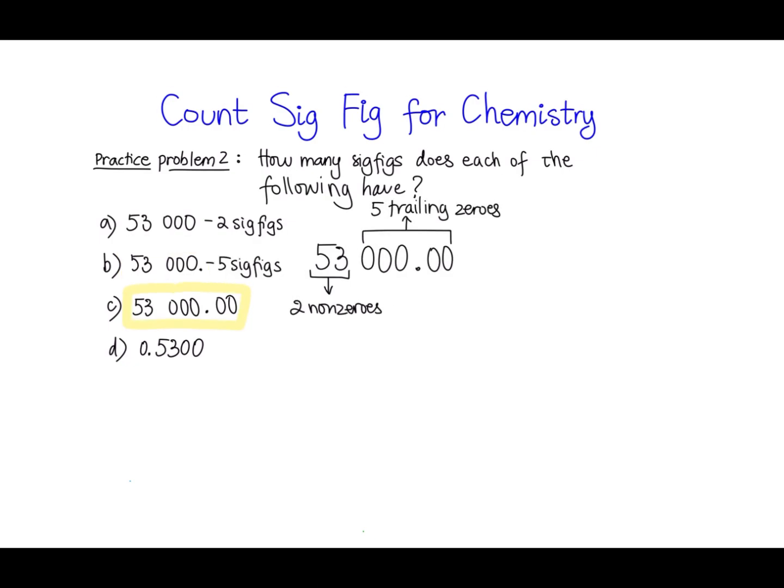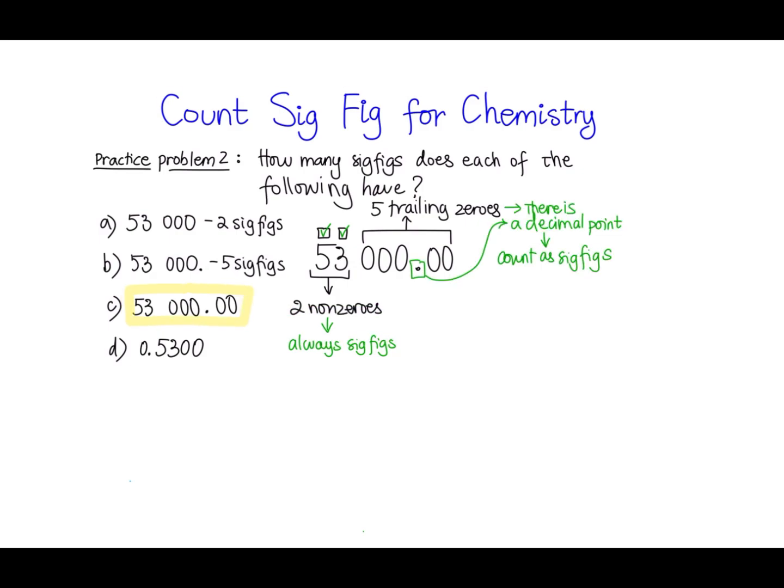Moving on to part C, we're counting the number of sigfigs for 53,000.00. Here we see that there are 2 non-zeros, the 5 and 3, as well as 5 trailing zeros after the number 3. Again, the 2 non-zeros always count as sigfigs, so we have 2 sigfigs so far.